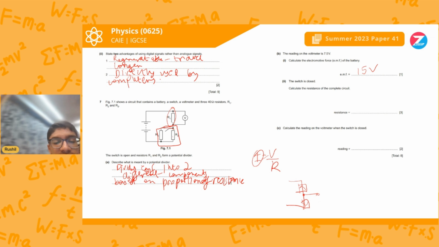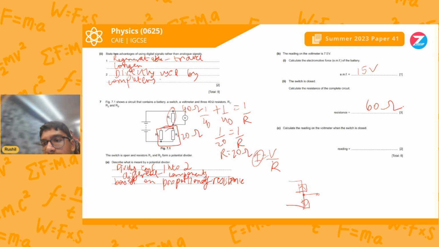Since these two resistors are in parallel, and both of them have a resistance of 40 ohms, 1/40 plus 1/40 is equal to 1/R. So 2/40, or 1/20, is equal to 1/R. So R is equal to 20 ohms. The resistance of this system is 20 ohms, and this resistor is obviously 40 ohms as given in the question. So the total resistance of the circuit is 40 plus 20, 60 ohms.